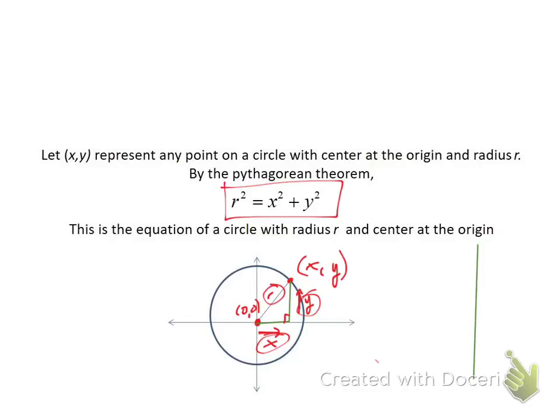So we have to sort of consider what happens if we move the circle off from the origin. And now your center is here. Right? Well, this point is still going to be x comma y. And now we have to give some variables for the center because we don't know where that center is.